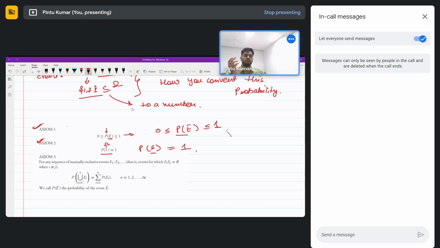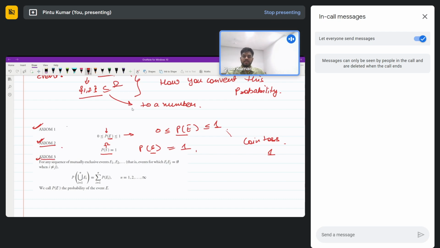So what is the probability that anything among all possible outcomes happened? That is 1. For a coin toss, what is the probability that either head or tail occurred? The probability would be 1 because there is no other option for the coin. This is what the second axiom says.